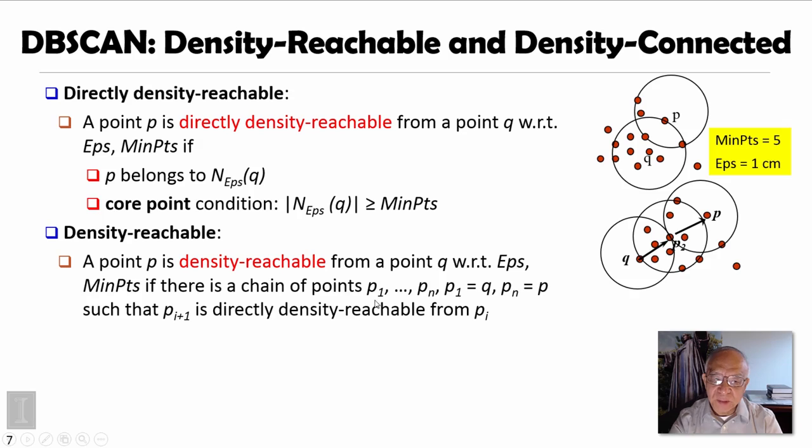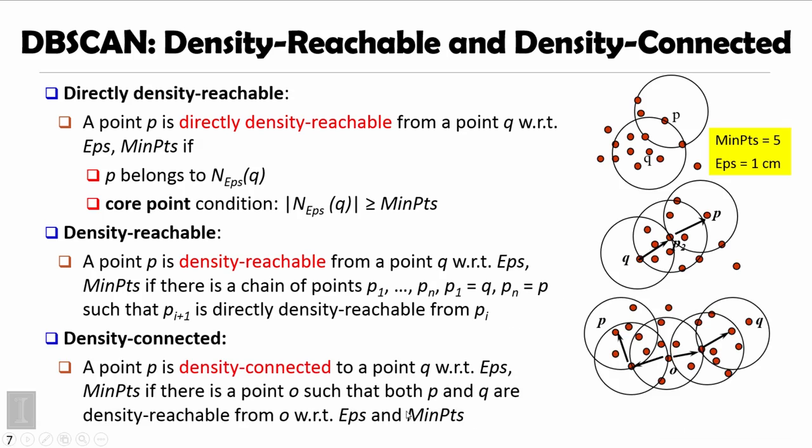You get points P1 to Pn, where P1 is Q, then you can go to P2, then eventually to P. Then we say P(i+1) is directly density reachable from Pi, and finally P is density reachable from Q because there's a transitive closure of directly density reachable.